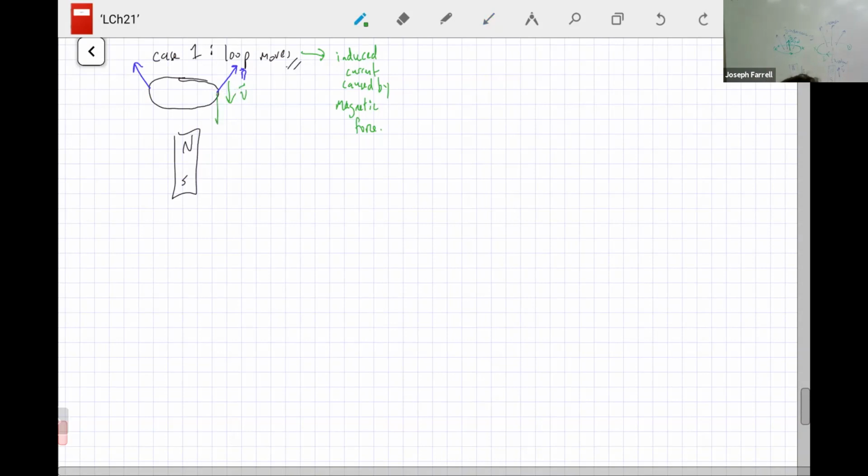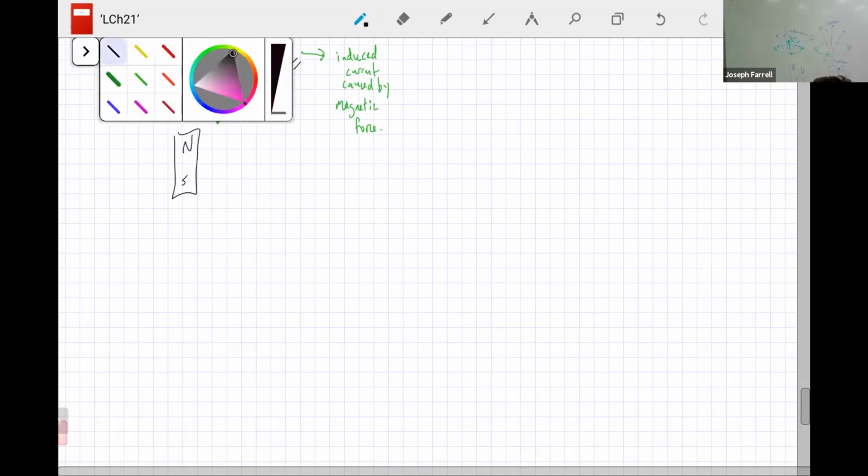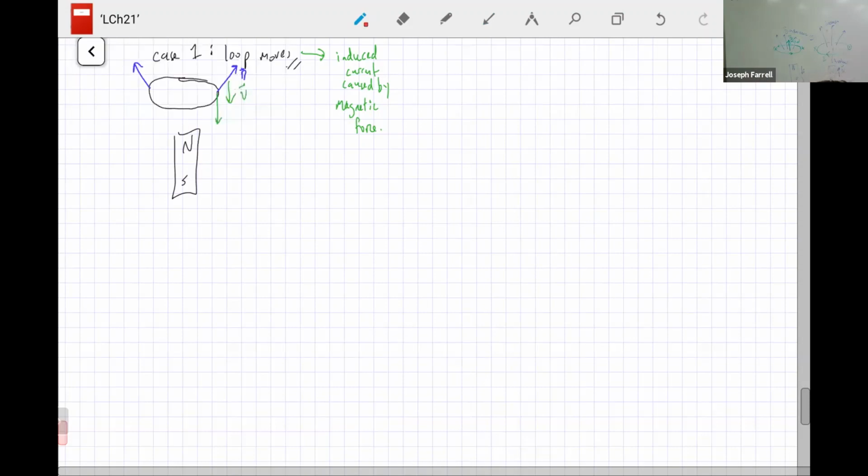And so you can think, what's the direction of force on an electron? That'll give you the opposite direction of the current. So you get a force if you want to take a look at there. V cross B, you're getting a force coming out.